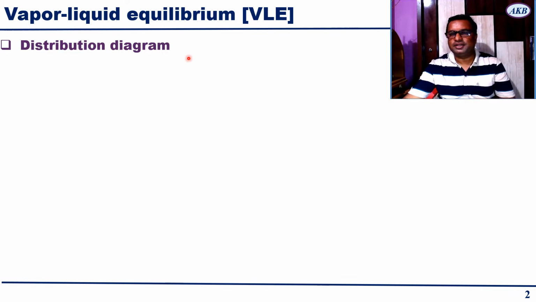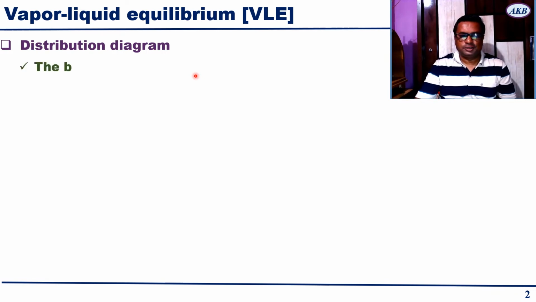To begin with, the distribution diagram is one way of representing vapor liquid equilibrium. Last time I discussed the boiling point diagram, which was one way of representing VLE. In the same way, the distribution diagram is another way of representing vapor liquid equilibrium. So let us understand what this diagram is.